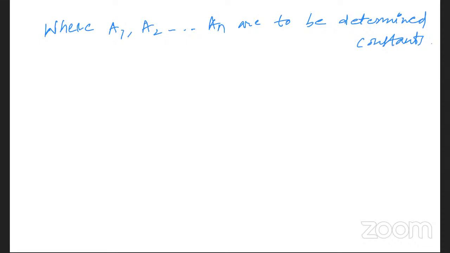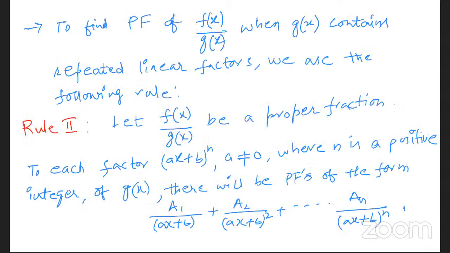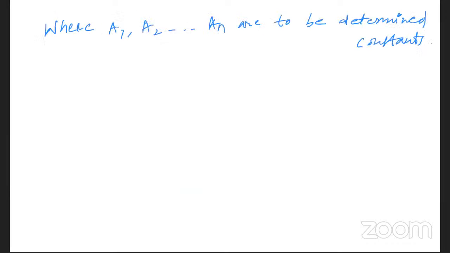In partial fractions, basically we find out the values of the constants. If you look at this, a1, a2, so on an are the values to be determined. Is that clear?